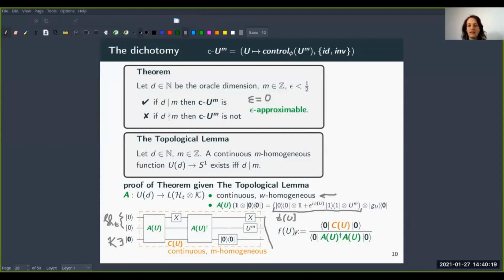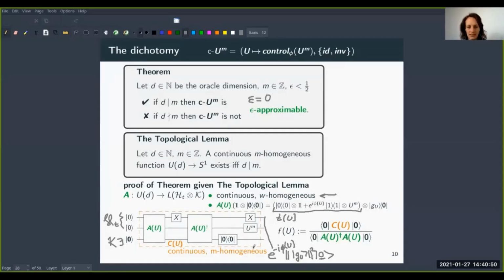And I claim that the output of this circuit is actually the all zero state rescaled by the norm squared of G of U, due to the projection and the fact that G is the output on the ancilla, and by the phase e to the minus i phi of U, which comes from a dagger being applied when the control is 1.